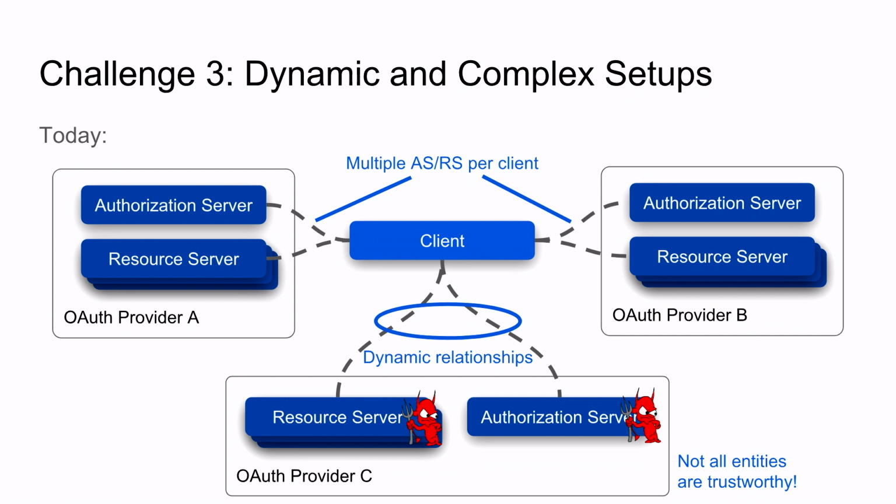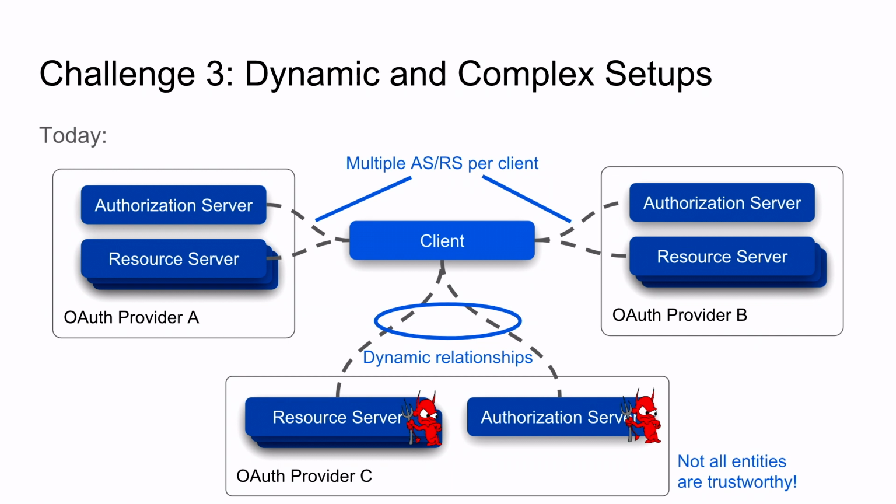So many participants, and some of these can, of course, be not trustworthy or less trustworthy than others. So we have a completely different setup. We have dynamic setups, dynamic relationships. We have multiple AS, multiple resource servers, and so on. And this exactly is where new attacks appear.